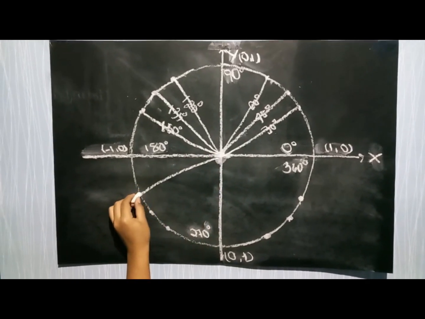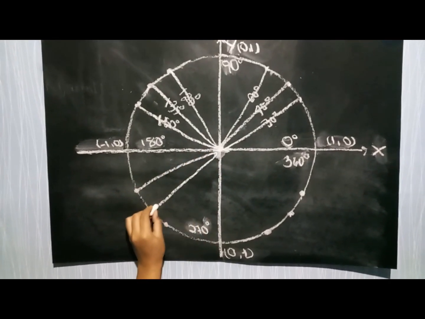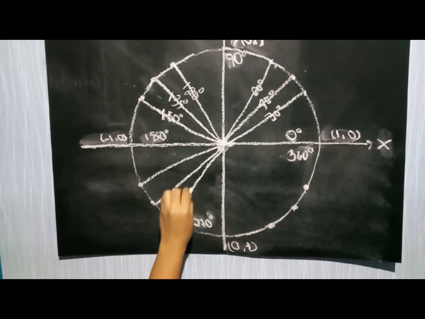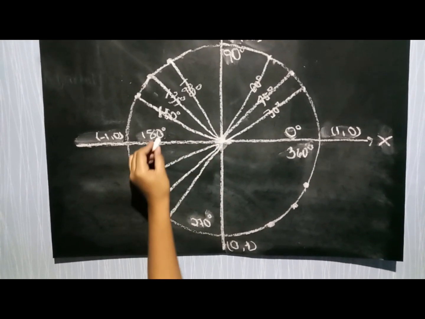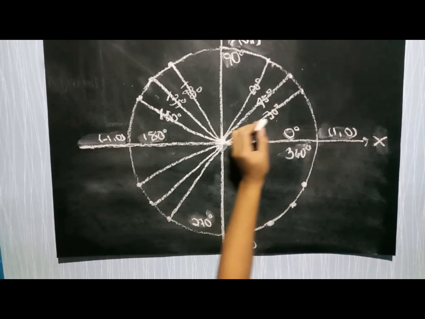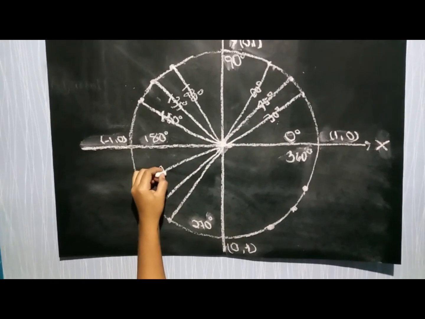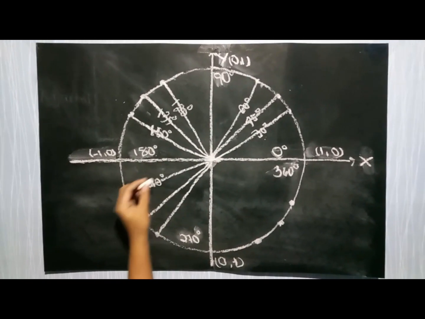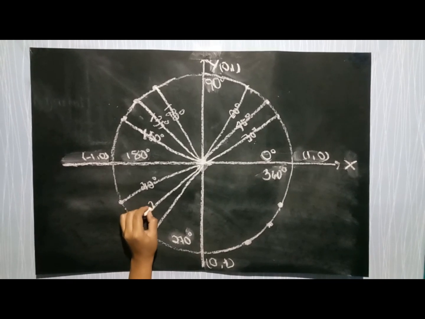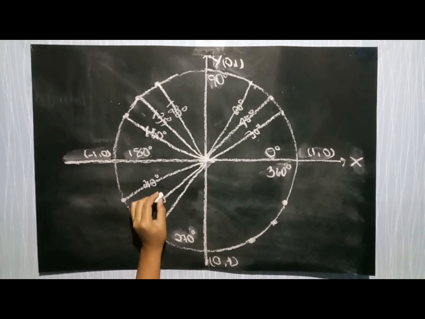So now let's move on to the third quadrant. In order to get the values of the third quadrant, we need to add 180 degrees to the first quadrant angles, starting with 30 degrees. This is 210 degrees. This one is 225 degrees. And the last one is 240 degrees.